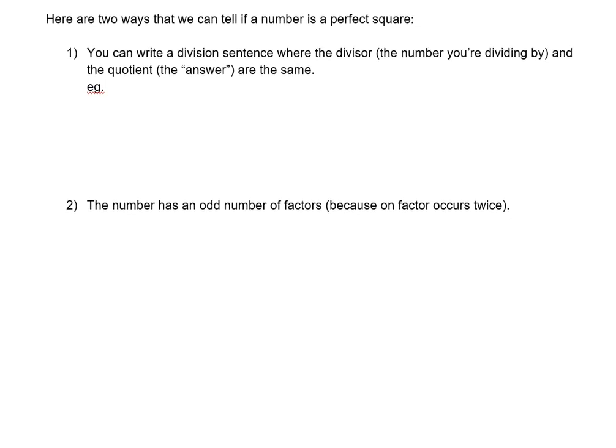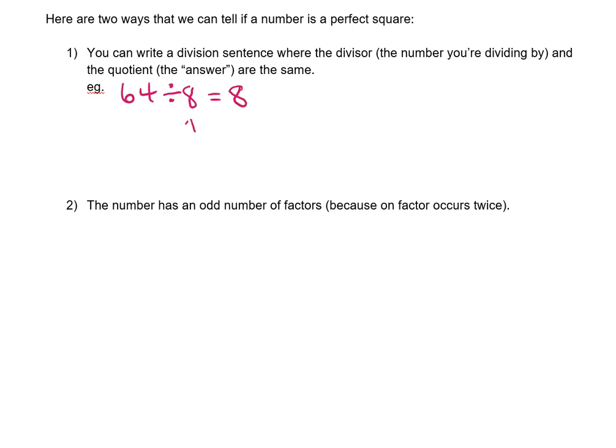So here are 2 ways we can tell if a number is a perfect square. Number 1, if you can write a division sentence where the divisor, so that's the number you're dividing by, and the quotient, which is the answer, are the same, then it is a perfect square. So for example, let's say we have 64. We can say 64 divided by 8 is equal to 8.